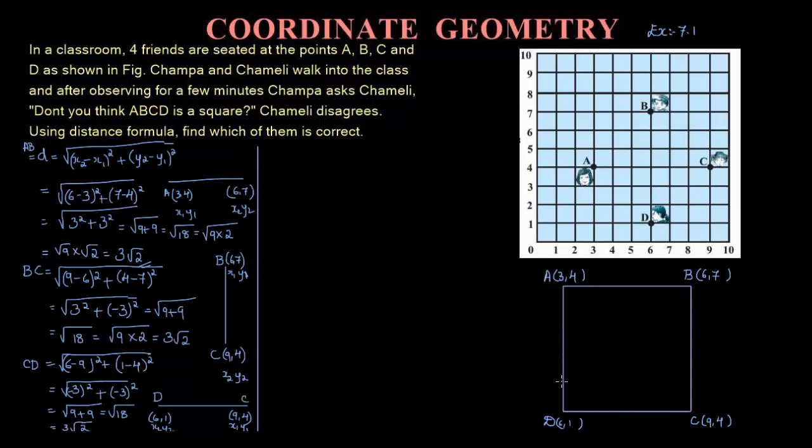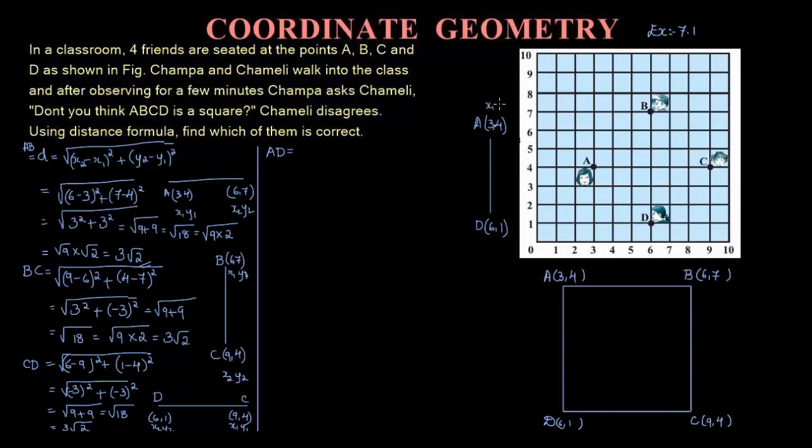Now let us come to the last part of this square, that is AD. Let me find AD. So let us draw a line for that. A has the coordinate 3, 4. Then D has the coordinate 6, 1.